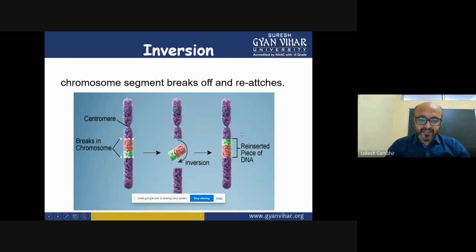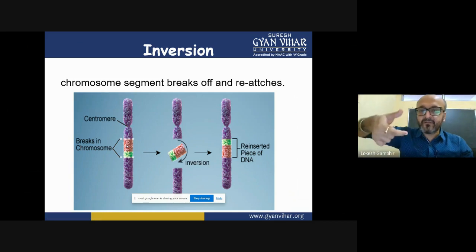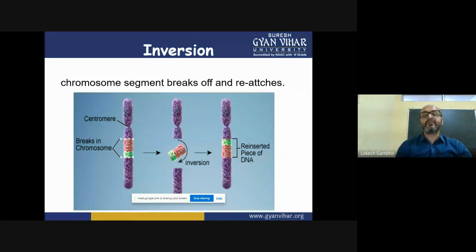A fragment is breaking from a chromosome, and then it performs a flip movement, thereby inverting the sequence, and then again reinserts. So when the sequence is in a certain direction, now the sequence is broken off, inverted, and then realigned.